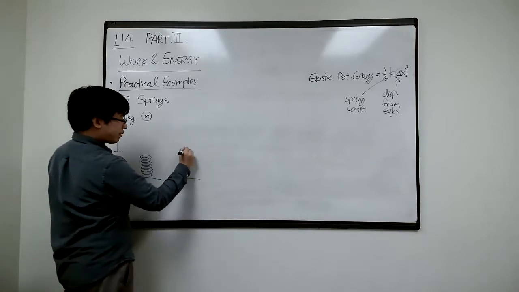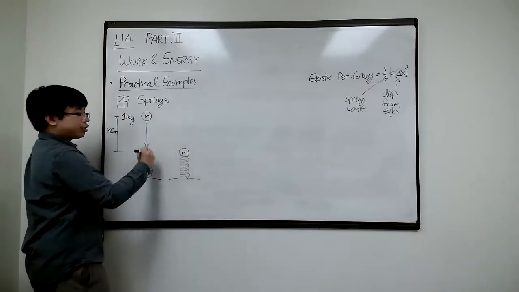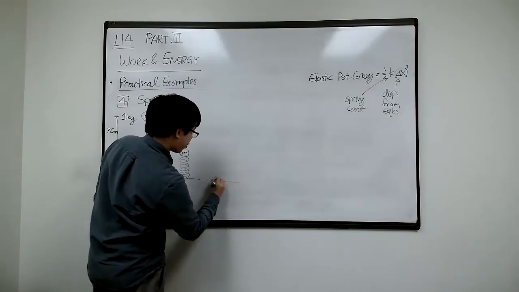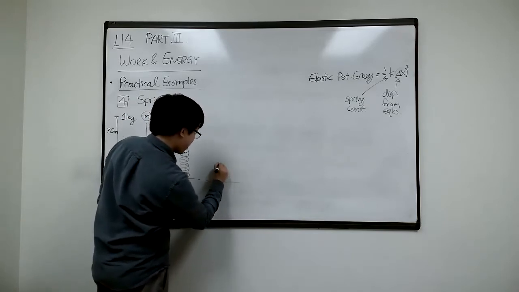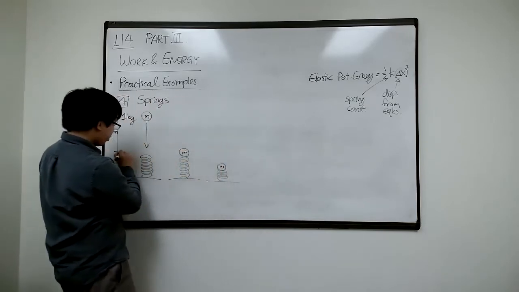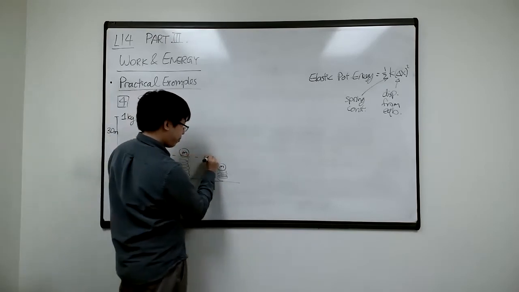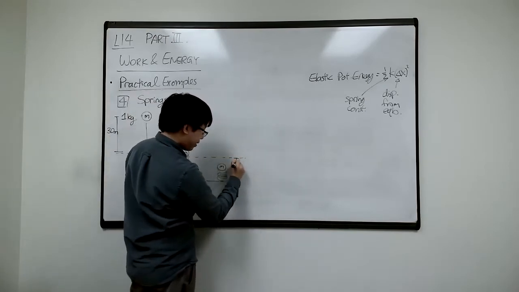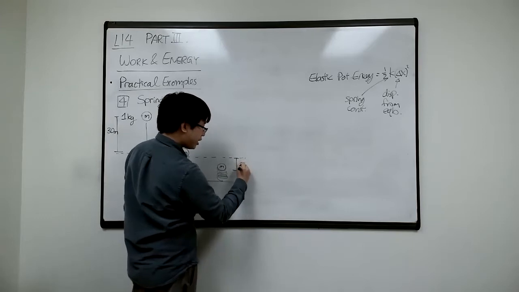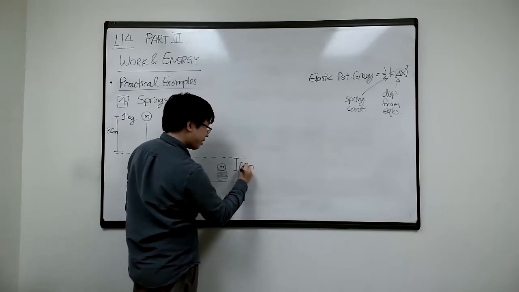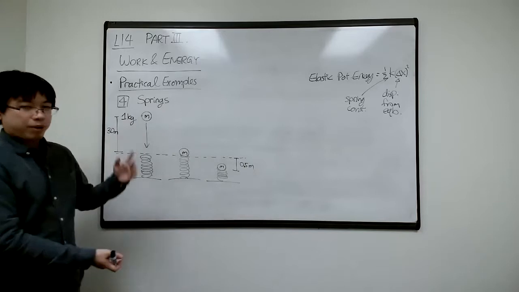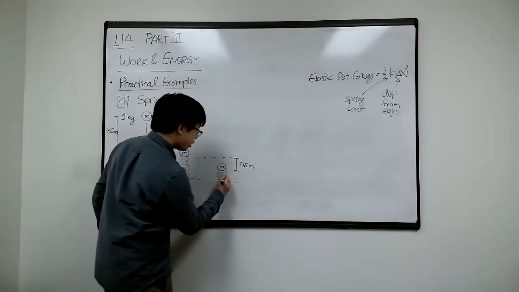It will hit the spring like this and compress it a little bit, and we'll measure how much it compressed. The maximum it compressed, let's say, is just 0.5 meters, around 50 centimeters. It's a long spring. We'll just make up some numbers to work with.